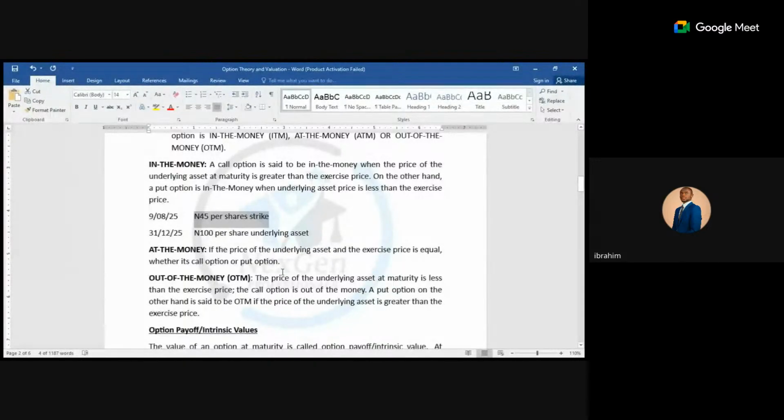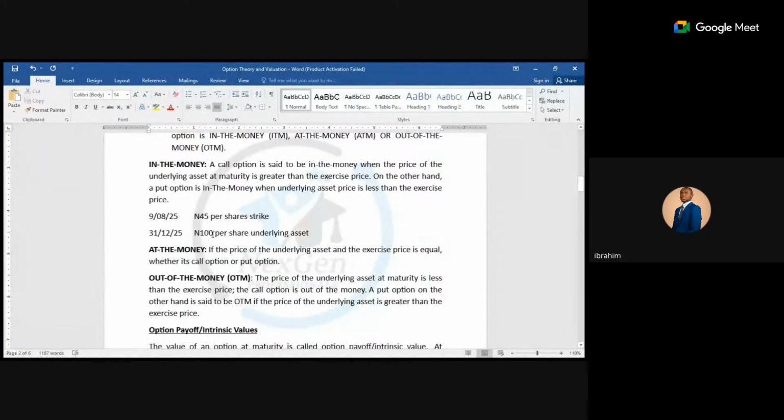This is a put option. You've already entered an option agreement with First Bank to sell your shares at the exercise price of 45 naira per share at the end of December.